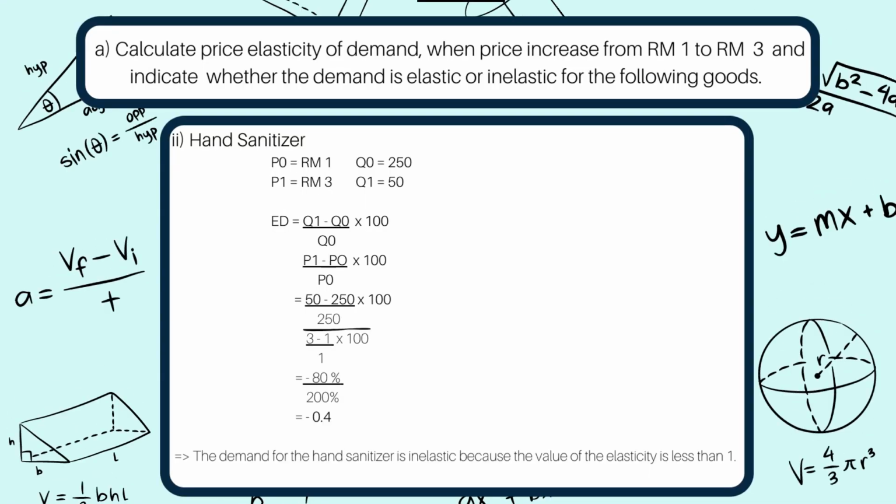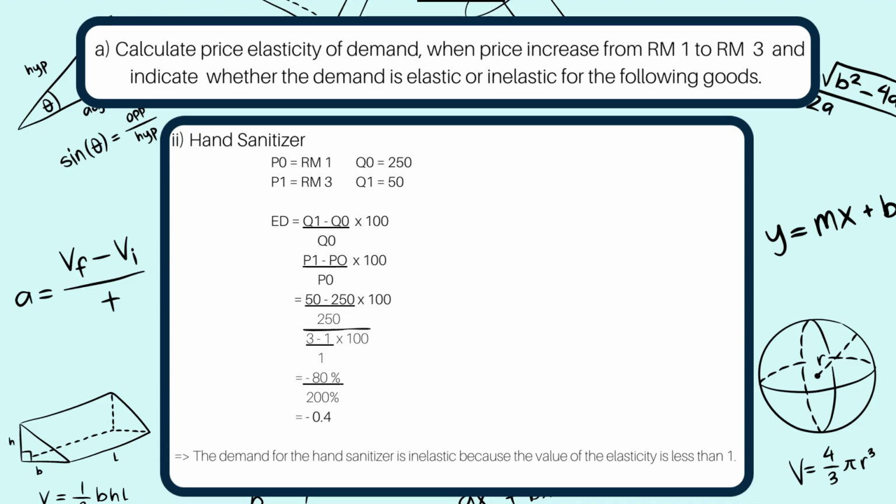For the hand sanitizer calculation, we use the same formula as before. P0 is 4 ringgit and P1 is 3 ringgit. For quantity, Q0 is 250 units and Q1 is 50.